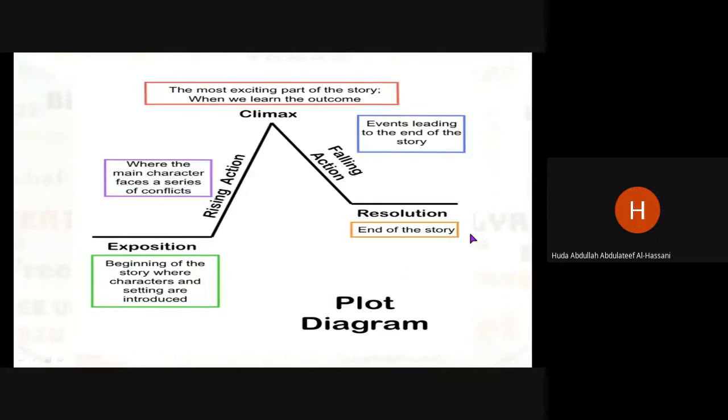Falling action: here are events leading to the end of the story. Here we have messing up events. Actually, here we have the tracing part. We have police, we have a person who is a witness, we have the criminal. The criminal will do anything in order not to be caught, okay?